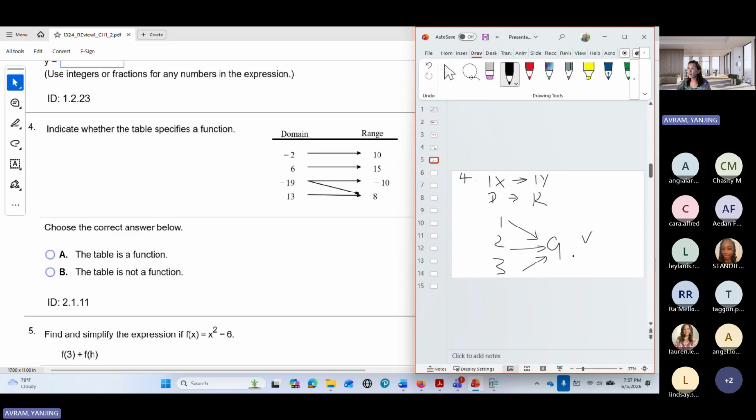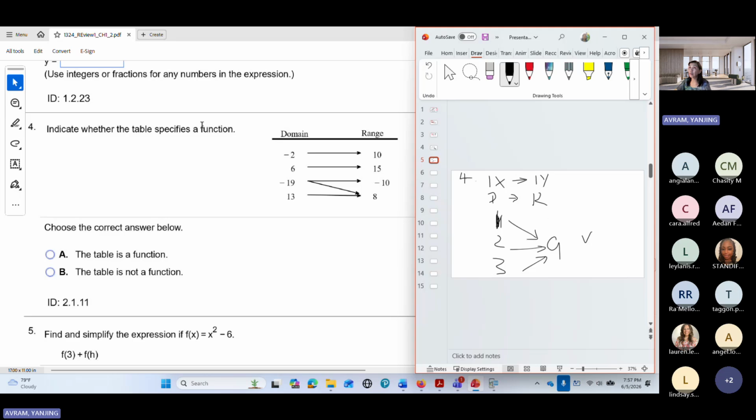Why? Even though they have the same output, each input only has one output. 1 only has one output, 9. 2 also has one output, 9. 3 also has just one output. They just happen to be the same. Each input only has one output, so that is considered a function. The other one is not a function because negative 19 has two outputs.